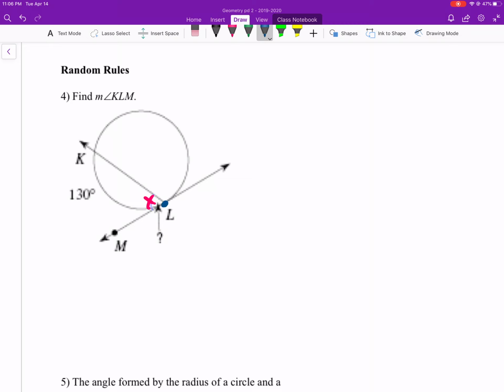So it's the same rule as an inscribed angle, from the very first day of Module 5. It's equal to half of the intercepted arc, which is that 130. Look how it opens up. The intercepted arc would be KL, that 130. So x is just equal to half of that, which is 65 degrees.